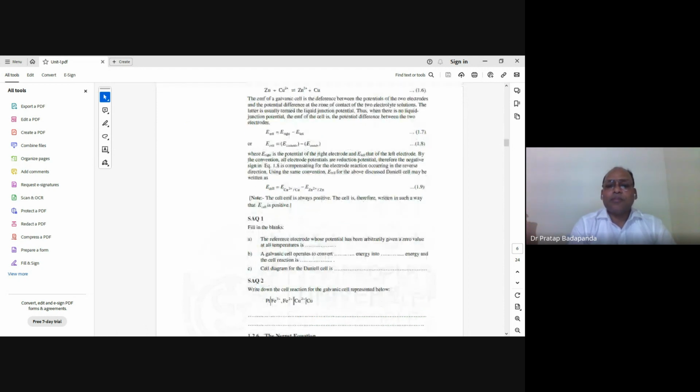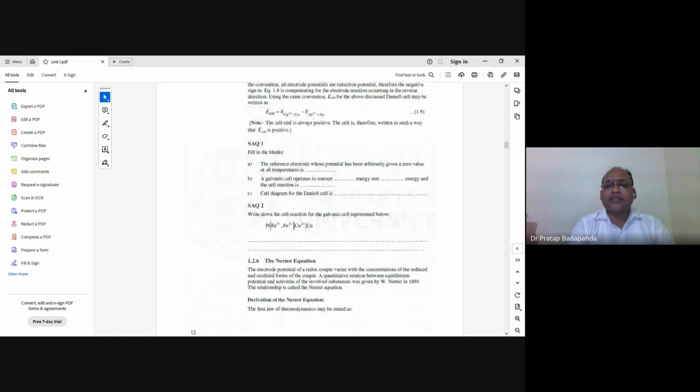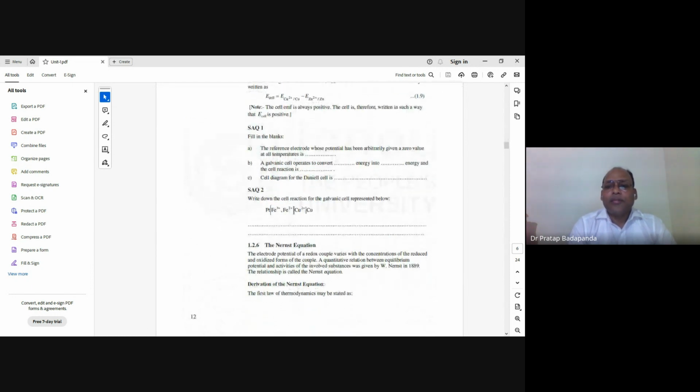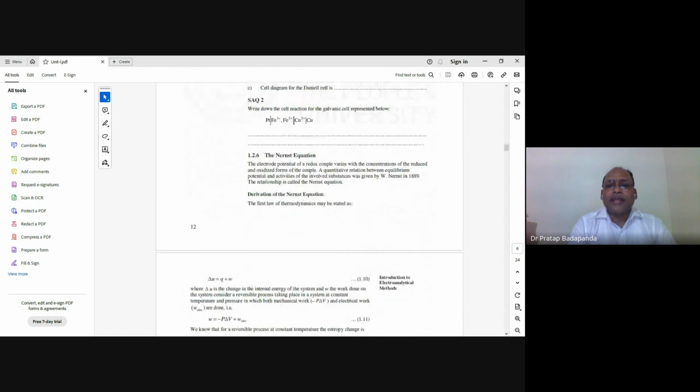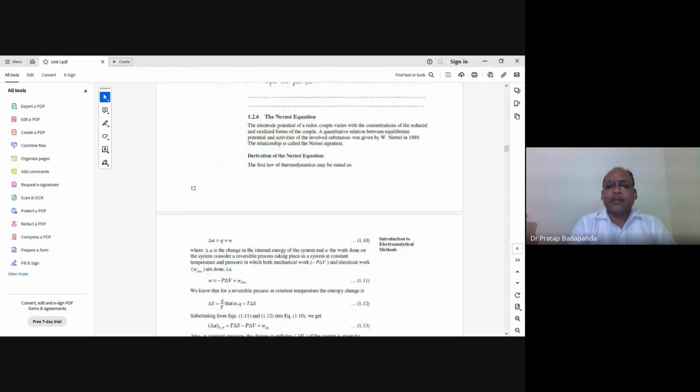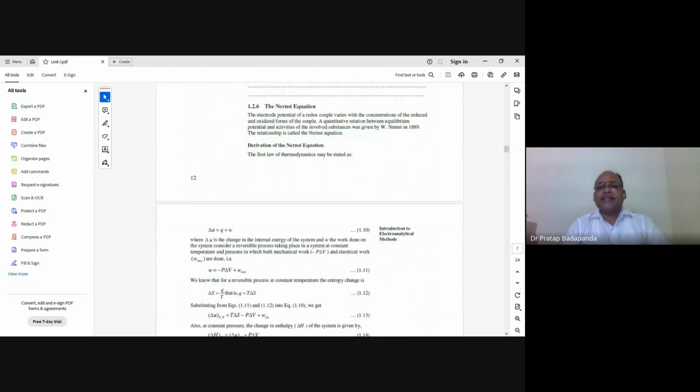Then we'll go to the Nernst equation. You have to understand this derivation. But honestly, when the application part comes and a mathematical calculation is there, you have to directly apply the Nernst equation.